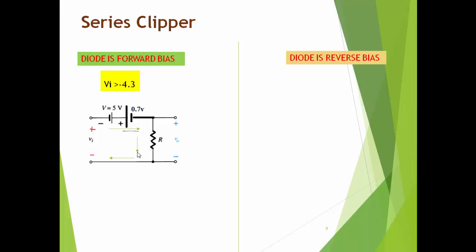Now, apply KVL in this loop. We write plus Vi plus 5 minus 0.7 and minus VO is equal to 0. Now solve this KVL. We get the condition VO is equal to VI plus 4.3.